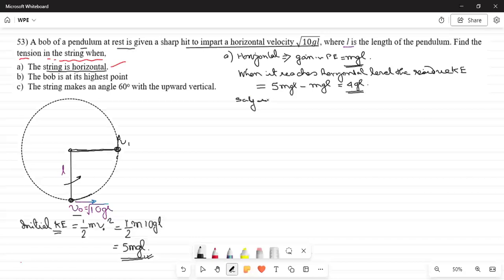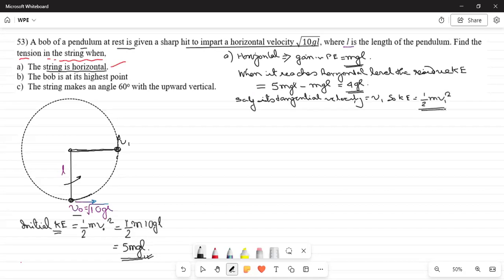If the tangential velocity is v1, then its kinetic energy is half m v1 square.